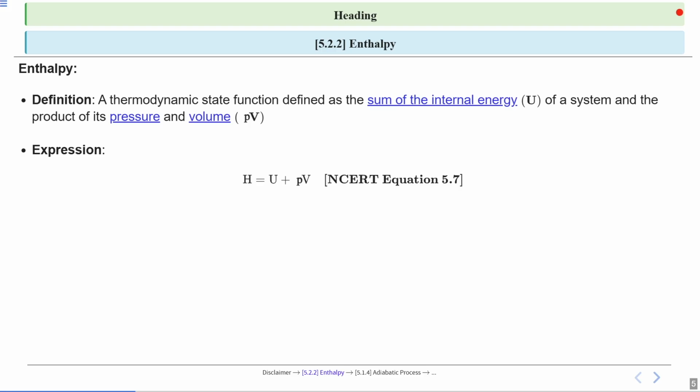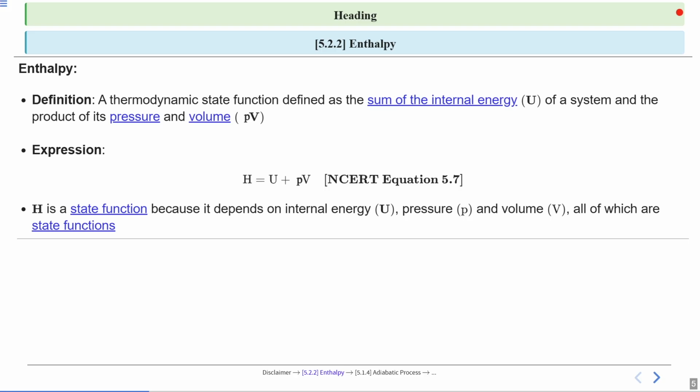Every state function that you will study, in every state function you will be interested in their change and not in their actual value, because first of all it is impossible to calculate the actual value, and second, the useful part is the change, not your actual value. As I have told you that your enthalpy is a state function.